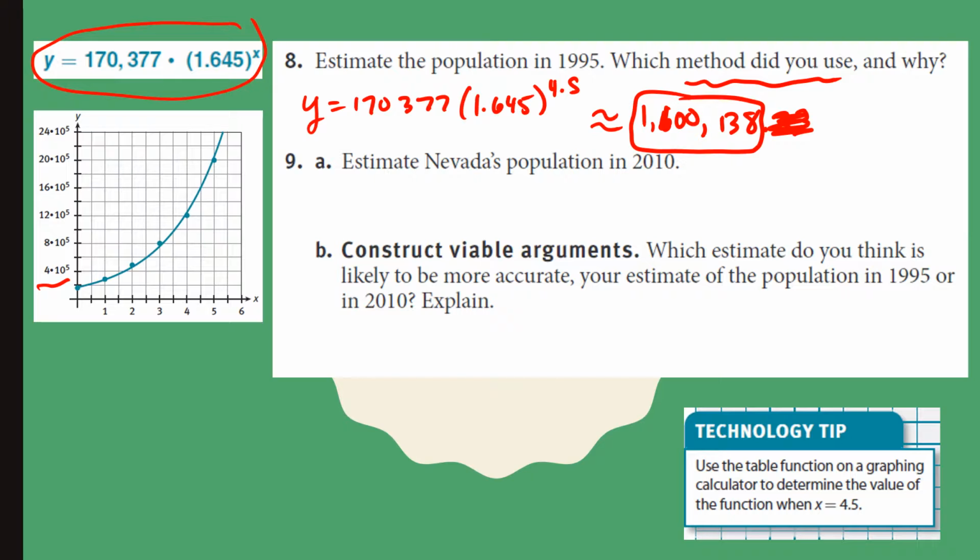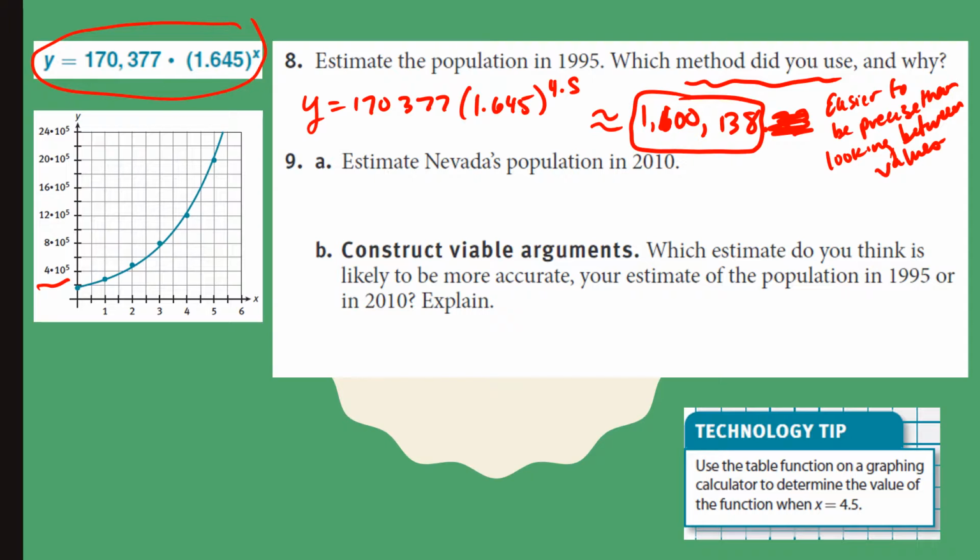So not 160,000, but 1,600,000 would be a closer estimate. So now we want to estimate, and why I use the function, I just thought it was easier to be precise than looking in between values on a graph or a table.